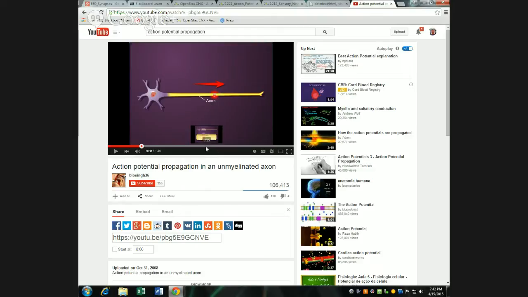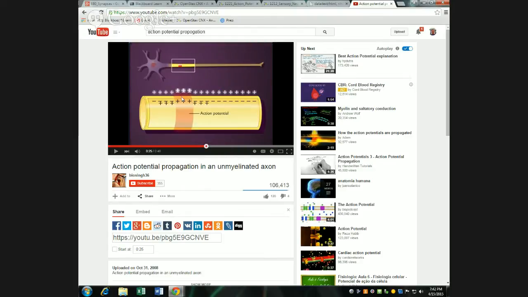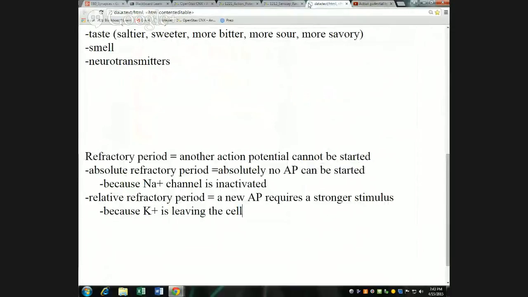So as they're showing the current of charge, where it's positive here, the positive is going to move over actually in both directions. It'll get to threshold on this side, but it won't get to threshold on this side. So then the action potential will move here, and then the action potential will move there, and the action potential will move down like that. Okay, that's what propagation is.